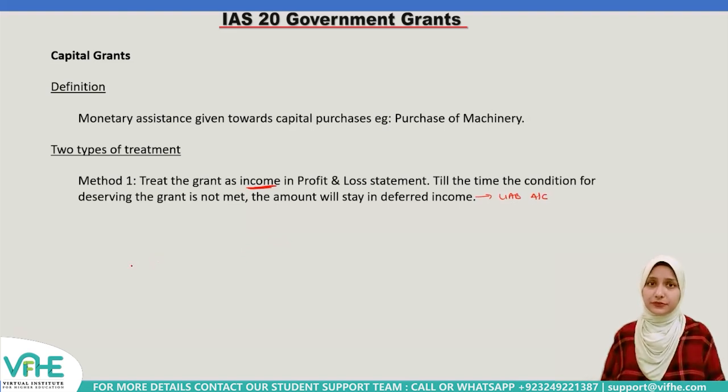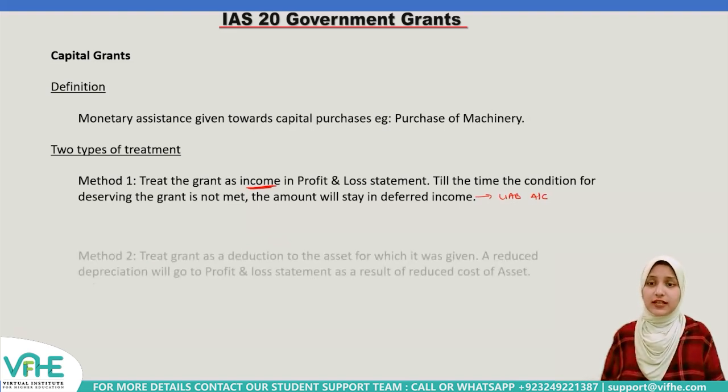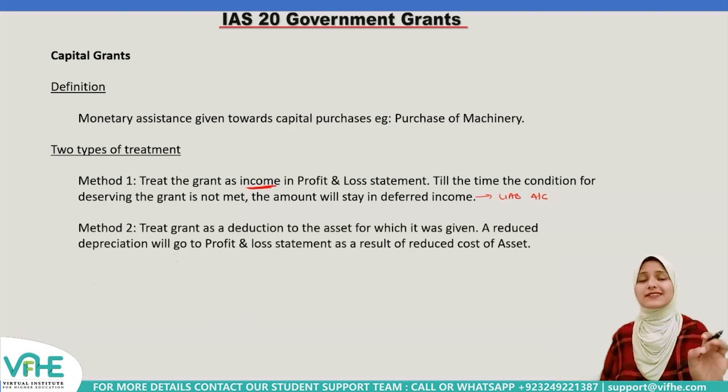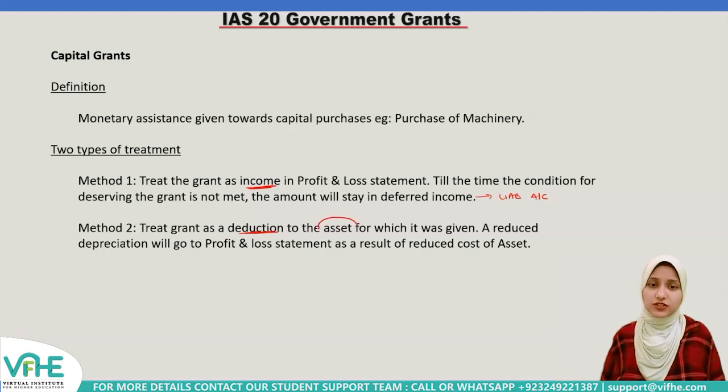Now method 2. How is method 2 different? In method 2, instead of treating this as grant income, you will treat it as a reduction to the cost of the asset purchased. Treat the grant as a deduction to the asset for which it was given. Now, how is the treatment here different from method 1?